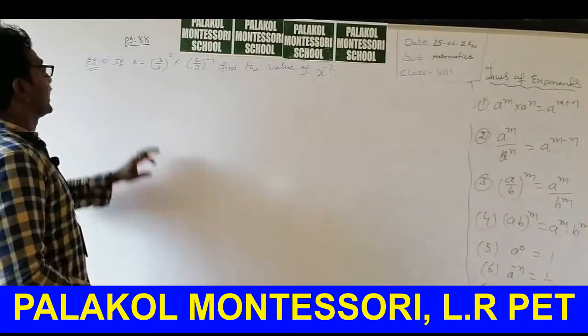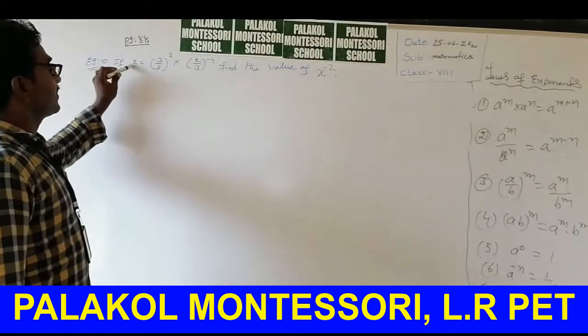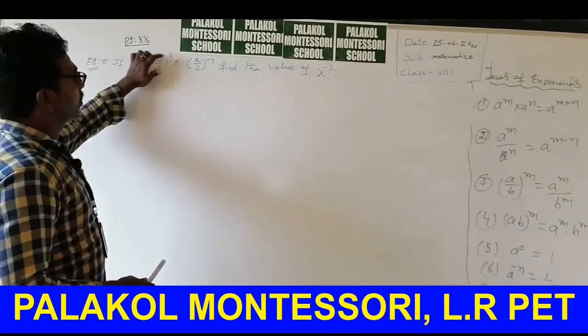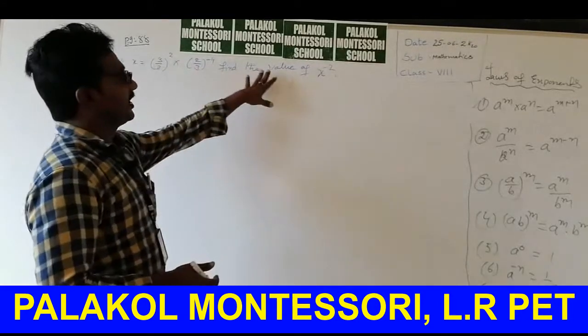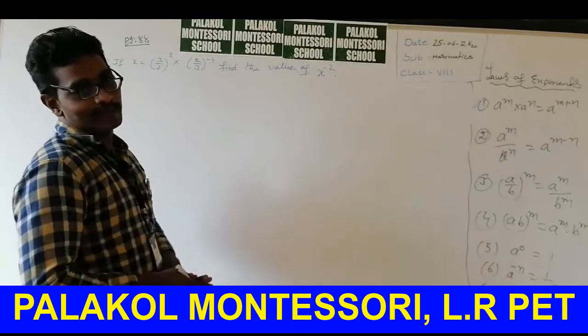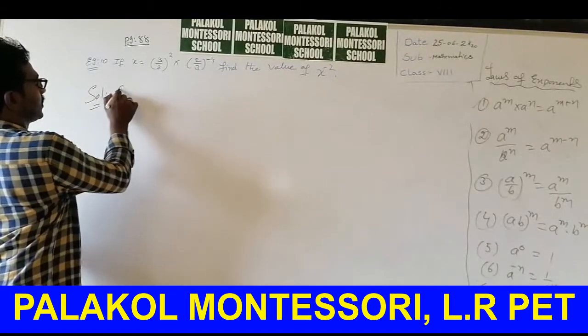So, very important this question. The question is: if x is equal to (3 by 2) whole power of 2 into (2 by 3) whole power of minus 4, find the value of x to the power of minus 2. Now I do the solution.